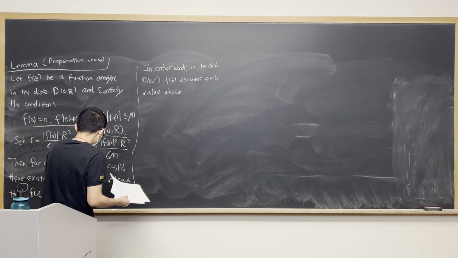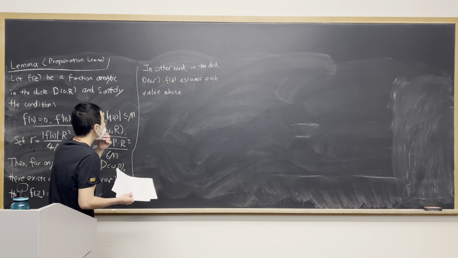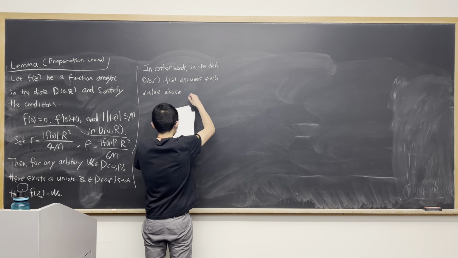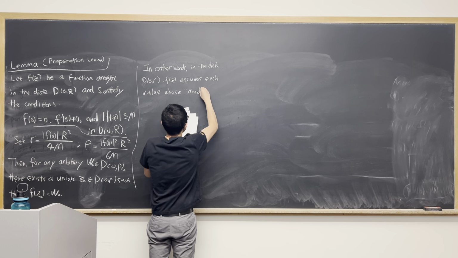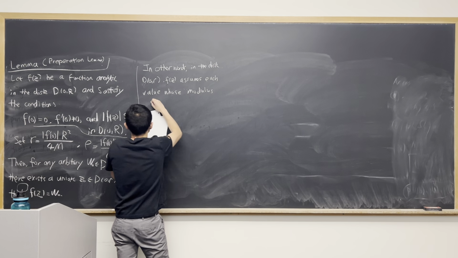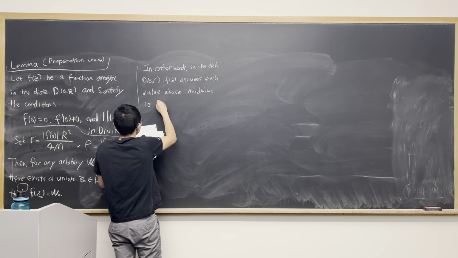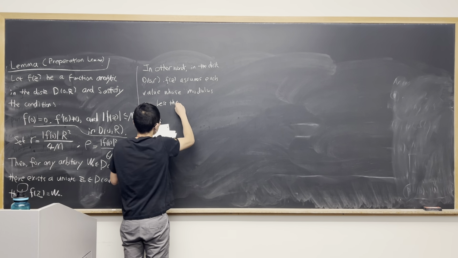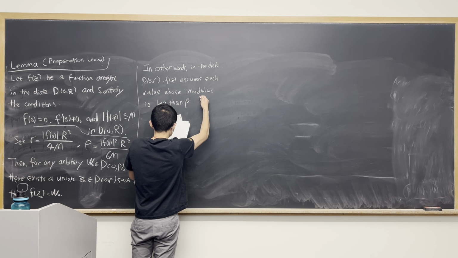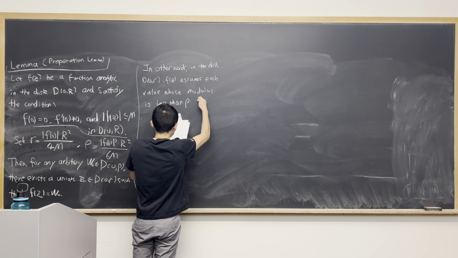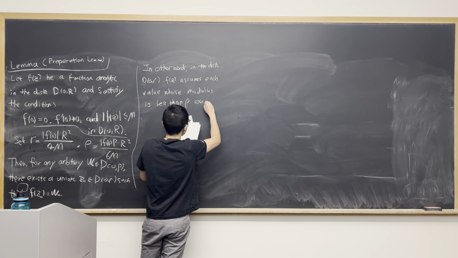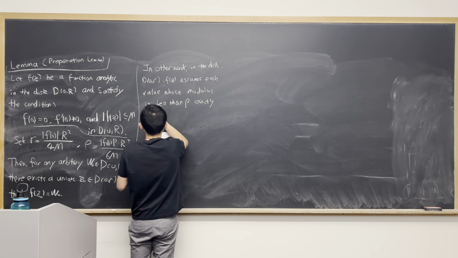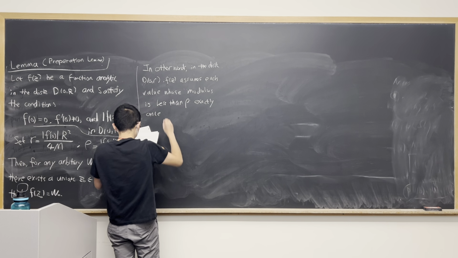Yeah, so namely if another value whose modulus is less than rho exactly once, alright.